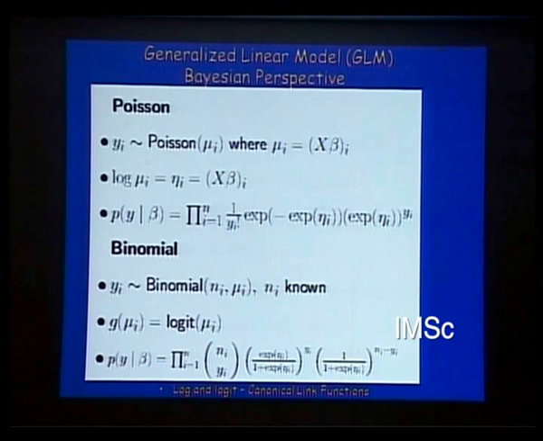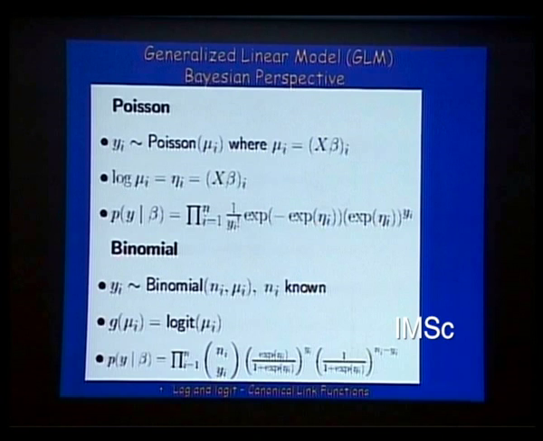In this case, the link function is log. I'm not going to go into the details, but there are various ways you can get link functions. Typically, these are what are known as canonical link functions that link the mean of the distribution you're considering to the predictors. And of course, this is the likelihood function, it's straightforward.